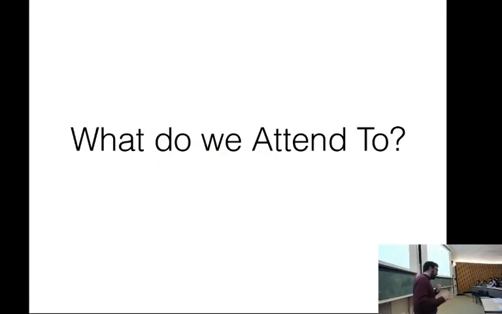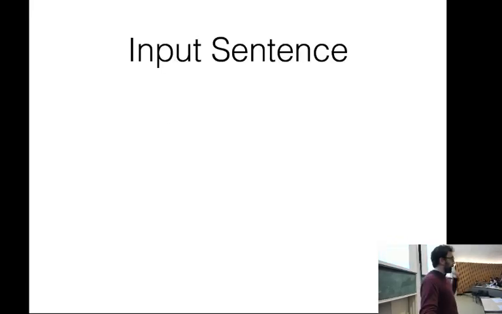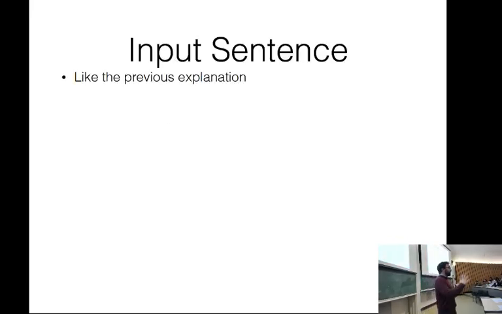So we have all these different attention functions, and it might be up to you which one you would use, or there are some general guidelines, like how much data do you have, how many parameters you might want to have. But what can we attend over? As before, in an encoder-decoder example, like in the previous explanation, we'll just attend over the source sentence, which will provide us the context at each decoder step.